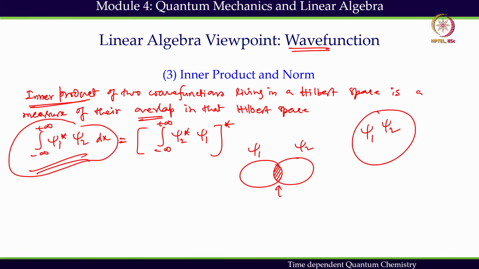What does it suggest? It suggests that the inner product always exists as long as both functions live in Hilbert space. Because these two functions are living in Hilbert space, their inner product will definitely exist. It will not happen that this integration will become infinite, as long as these wave functions are sitting in the Hilbert space.